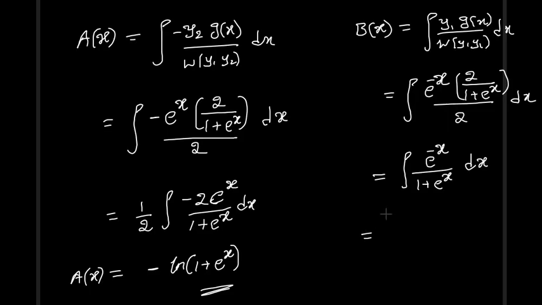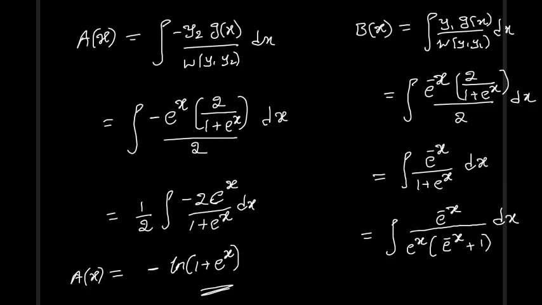Now we can actually rewrite it like this. In the denominator, you do one thing, take e power x out. So in the denominator, if you take e power x out, I hope we can rewrite it like this: e power minus x plus 1, right? And in the numerator you have e power negative x into dx. Okay, so I hope you can see what I have done. I have taken e power x common in the denominator.